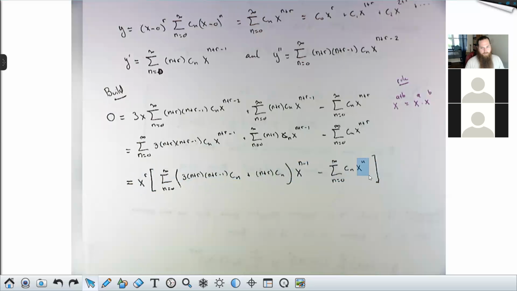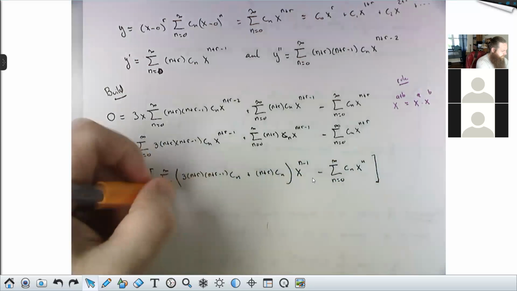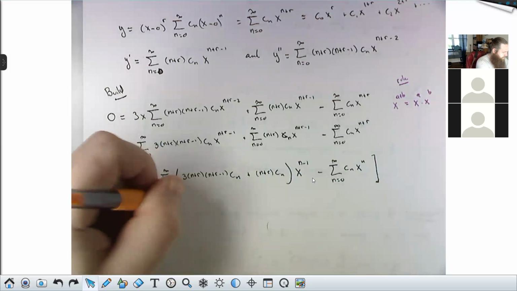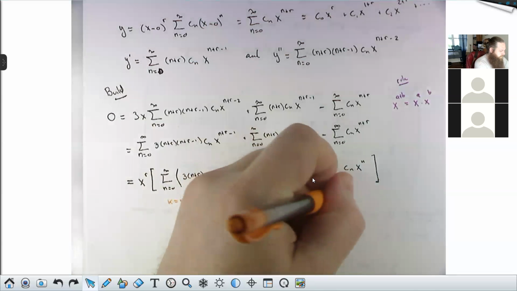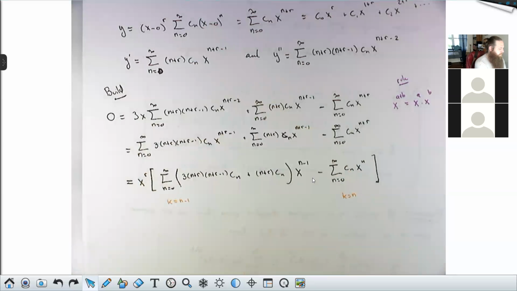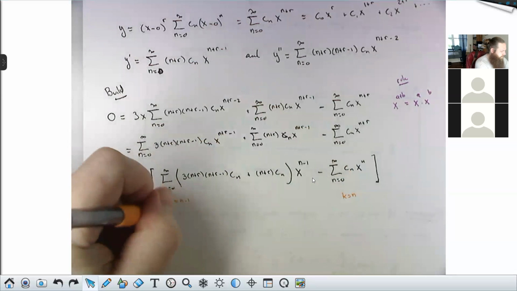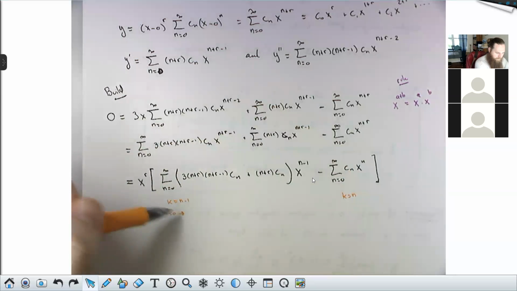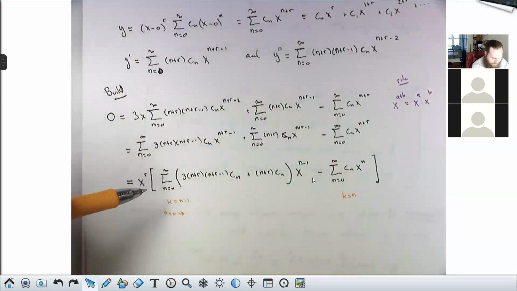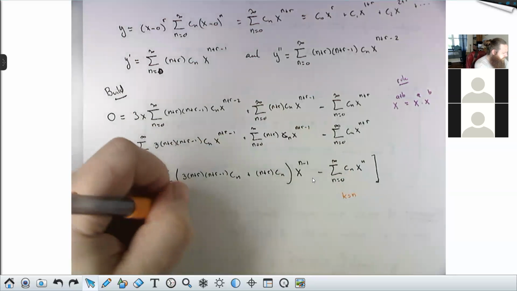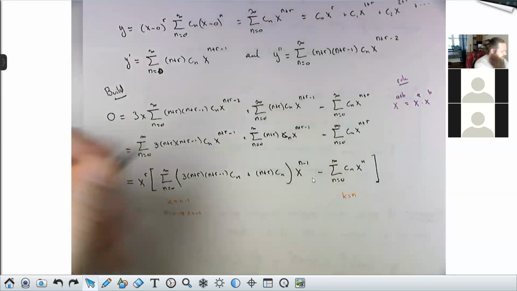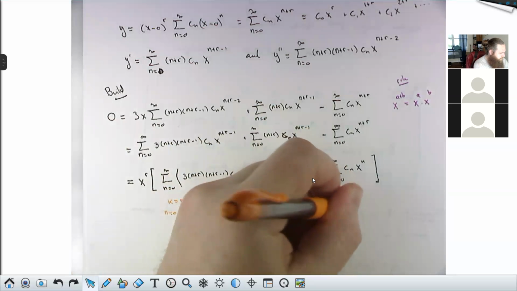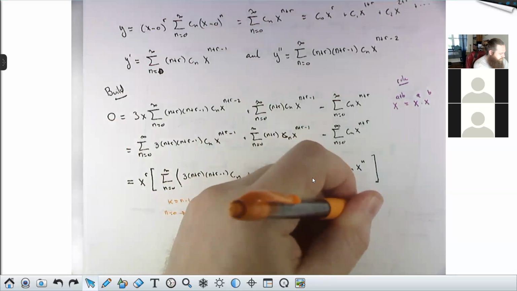One has an x to the n, the other one has an x to the n minus 1. So in the first series, I will let k be n minus 1. In the second series, I will let k just be n. When n is equal to 0 in the first series, since k is n minus 1, this would give me a -1 starting index. And over here, when n is equal to 0, k would be equal to 0.